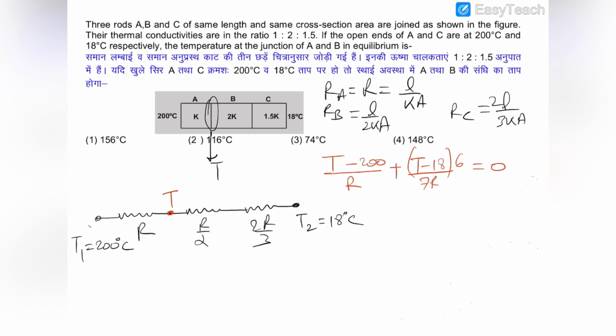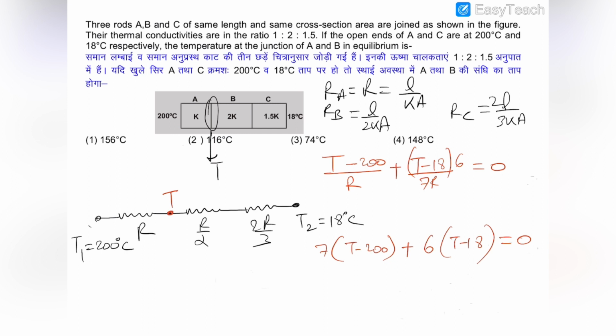So this would further simplify into 7 into (T minus 200) plus 6 into (T minus 18), divided by the 7R, which is equal to 0.